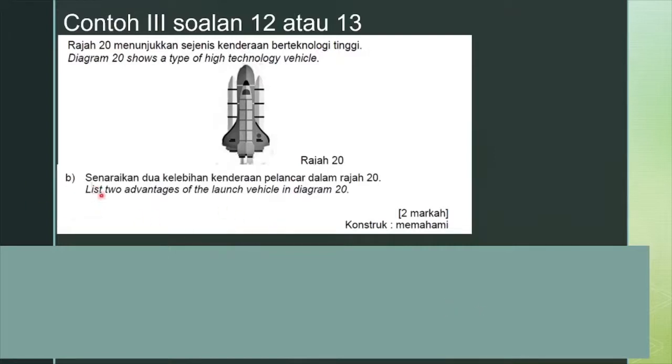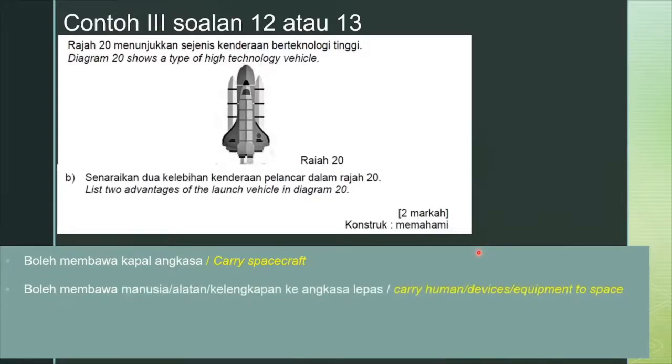B. Senaraikan dua kelebihan kenderaan pelancar dalam Rajah 20. Ya. List two advantages of the launch vehicles in diagram 20. Boleh membawa kapal angkasa, can carry spacecraft. Boleh membawa manusia, alatan kelengkapan ke angkasa lepas, can carry human devices, equipment to space.